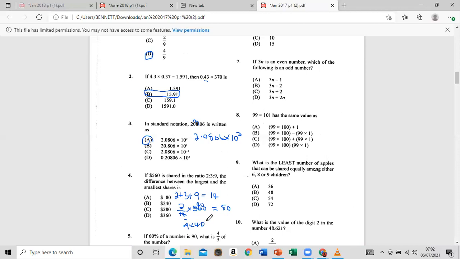That is equal to 360. So the difference now, we're going to subtract 80 from 360. That gives us 280. So that is the difference.